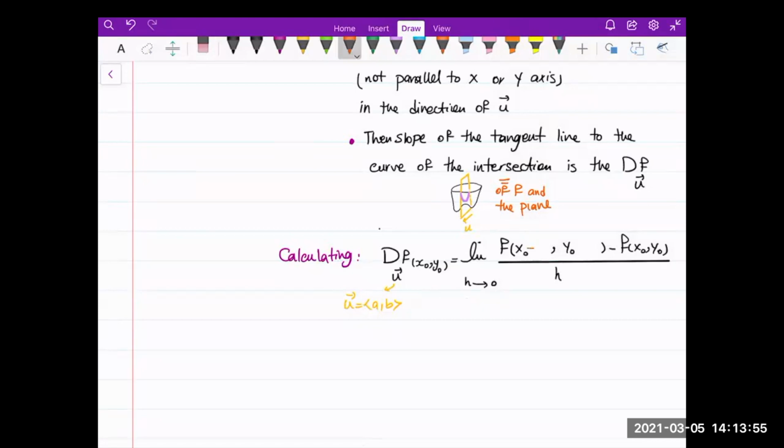So I should say x naught plus ah, y naught plus bh.